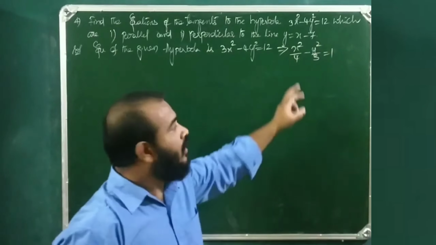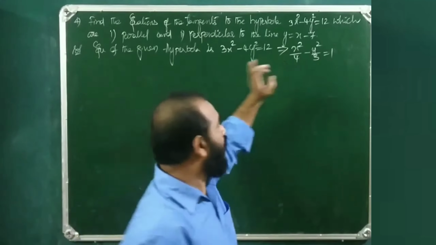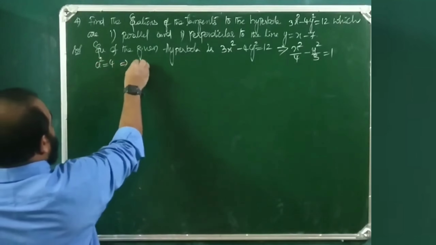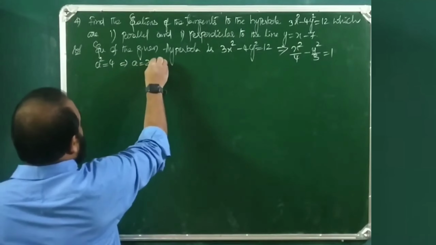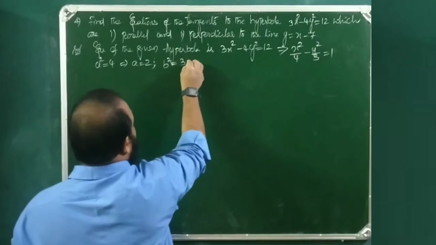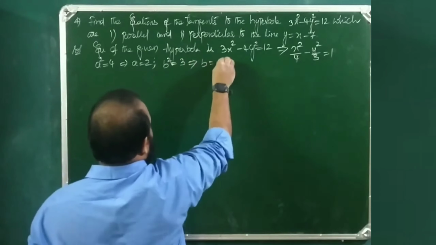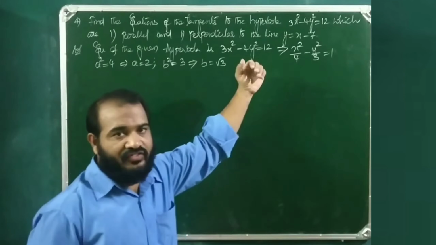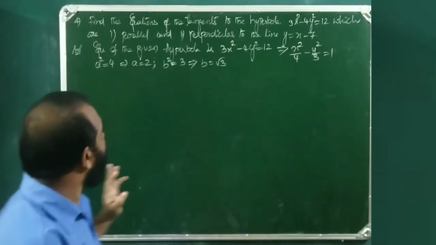So this is the hyperbola, not the conjugate hyperbola. So a square equals 4, a is equal to 2, b square equals 3, b is equal to root 3. And its center is at the origin, the standard form of the hyperbola.